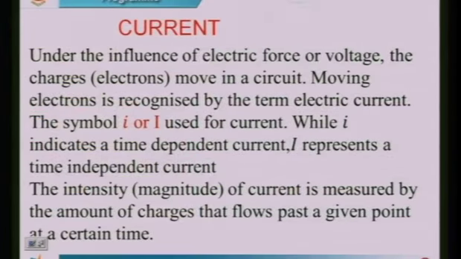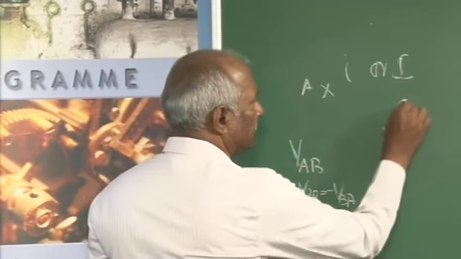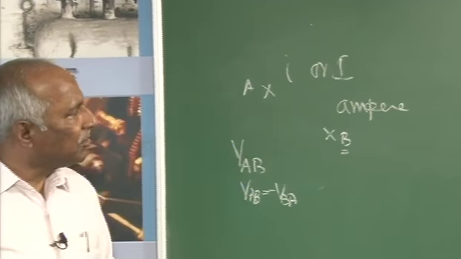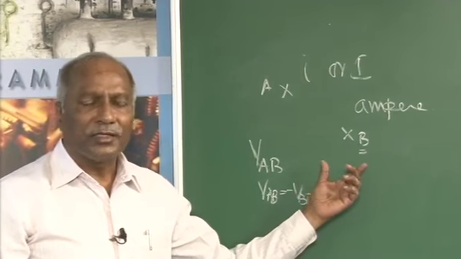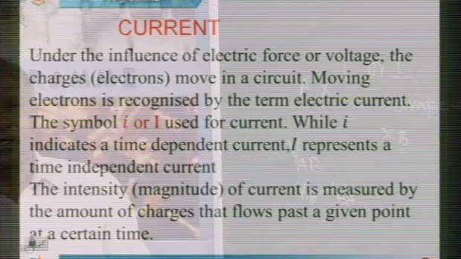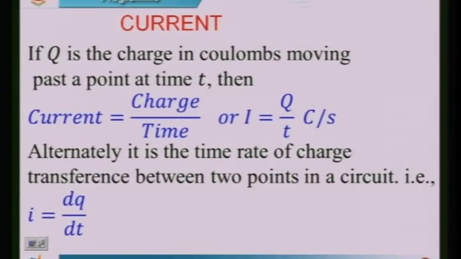And then the intensity or the magnitude of the current is represented by the ampere, and is also defined as the movement of charges across a section in a particular time, or per second you can say. So, in that respect, current is nothing but charge divided by time, and that is generally denoted as I is equal to Q by t coulombs per second.